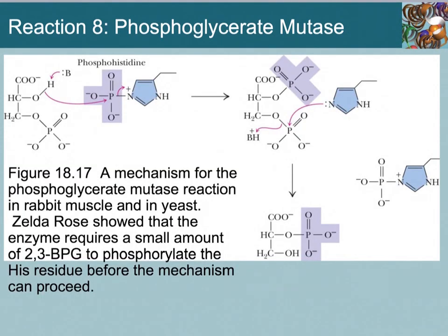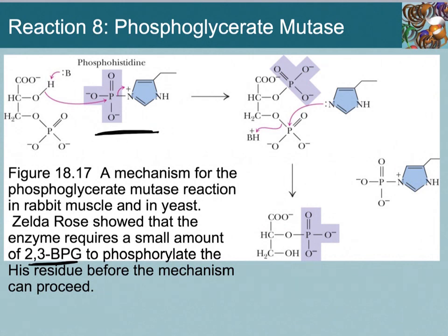Here we're going to look at the mechanism of this reaction. And it's an interesting mechanism because the phosphoryl group is not simply moved from one carbon to another. In the enzyme pocket, 2,3-bisphosphoglycerate is required. The reason why a small amount is required is because it maintains the phosphorylation of this histidine. We have a phosphohistidine in the active site.